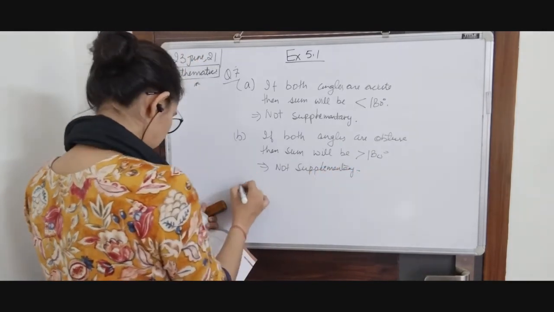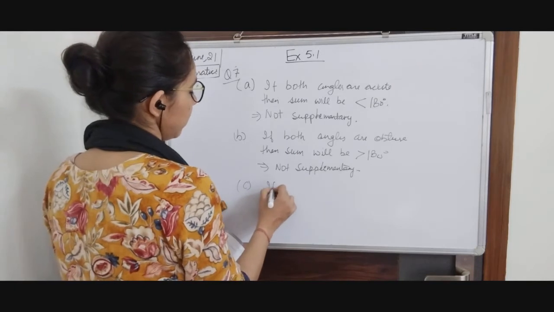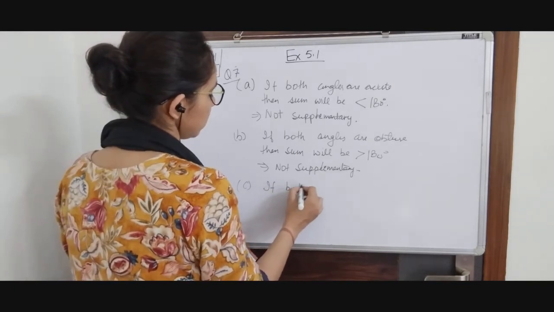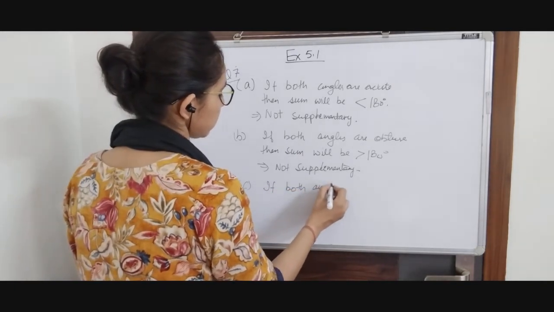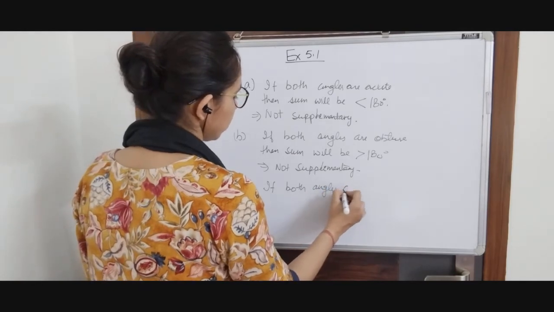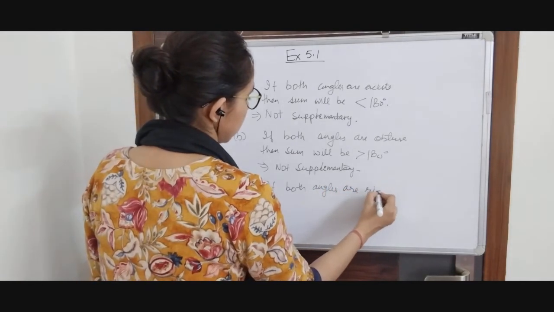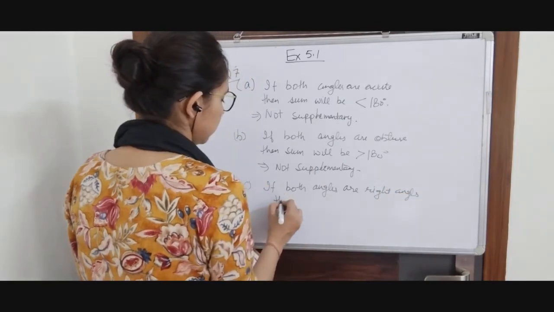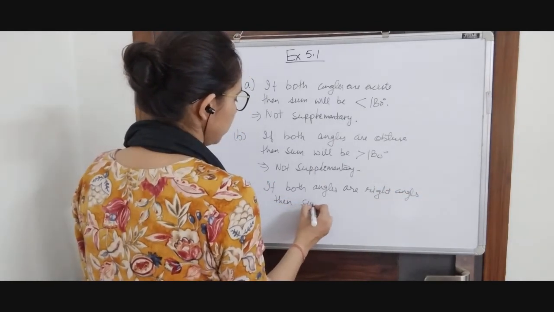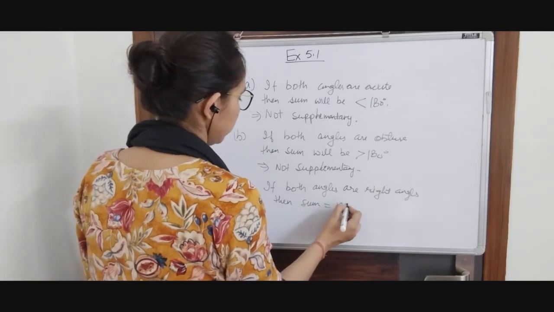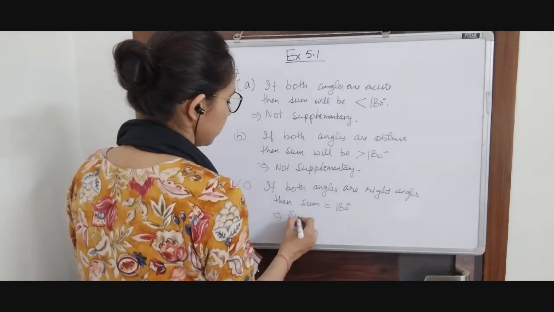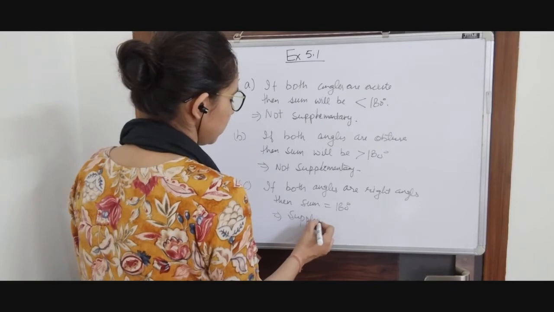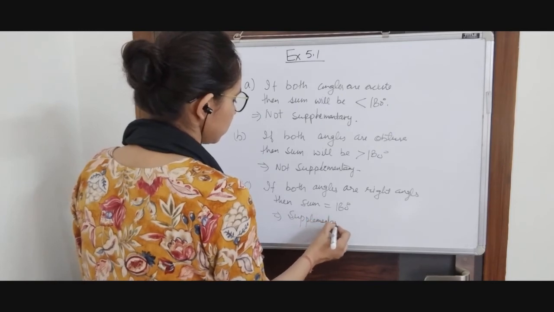Third condition we have is right angle. If both angles are right angles, then what will be the sum? The sum will be equal to 180 degree, which implies they are going to be supplementary angles.